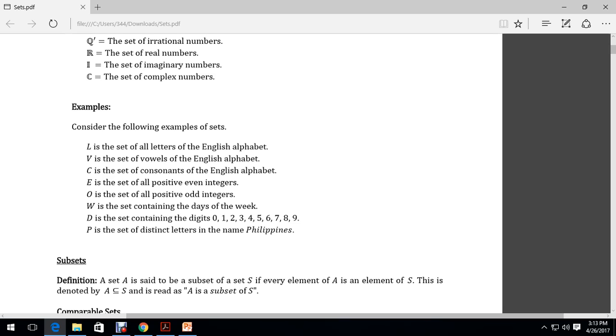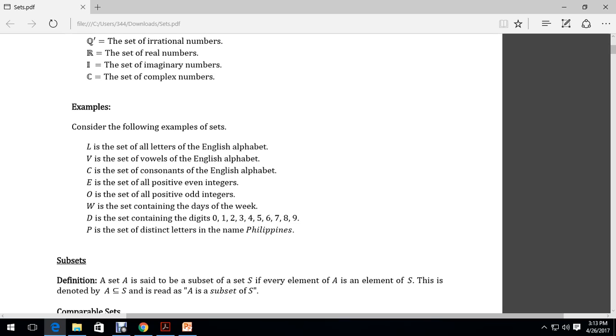Set C is the set of consonants of the English alphabet, so we know that if we remove set V from set L, what would be left is the set of consonants, the letters B, C, D, F, G, and the rest of the consonants of the English alphabet.